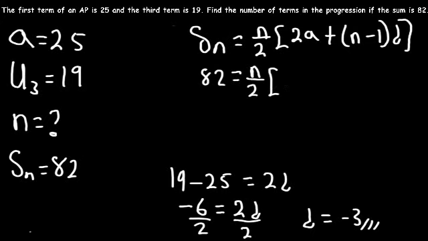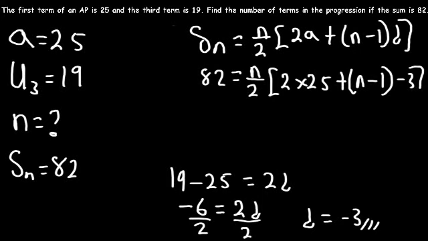Then I have 2 multiplied by 25, since the value of a is 25. Then plus n, still unknown, minus 1, then multiplied by d. The value of d we got is negative 3.